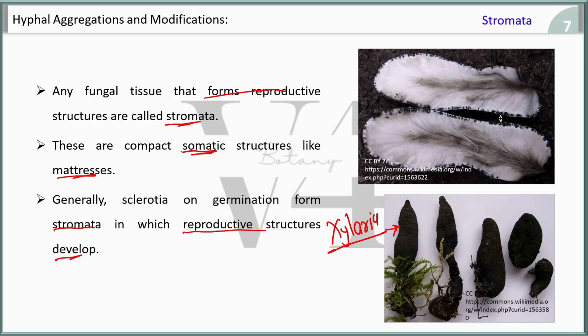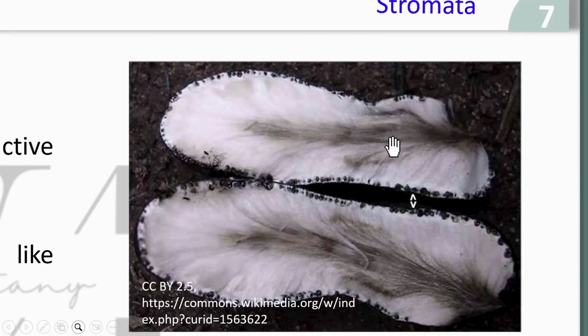This is an ascomycetes member, and the fruiting body here is perithecium. In the periphery you can see many perithecia, which are found as dark spots, and the central mass is stromata.